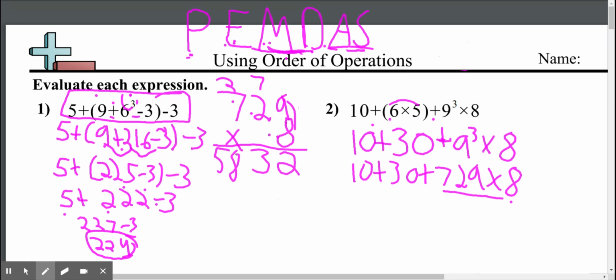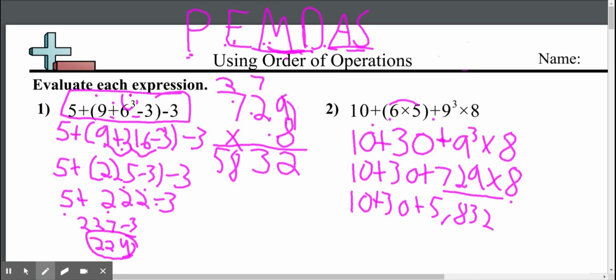So, ooh, look at that. 5,832. So I have 10 plus 30 plus 5,832. All right. Last, I have basically addition.